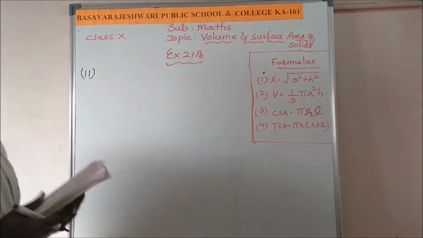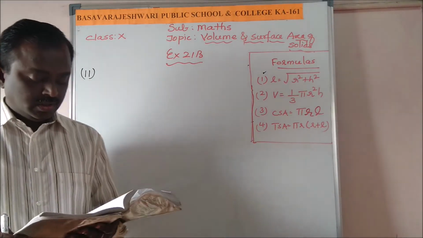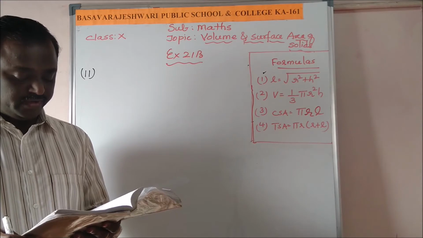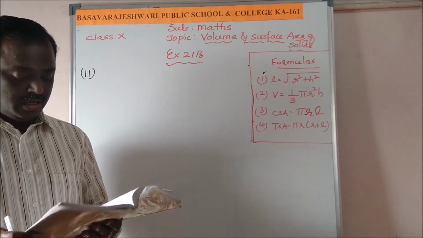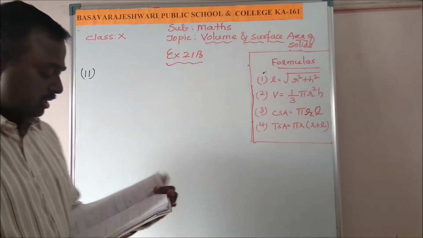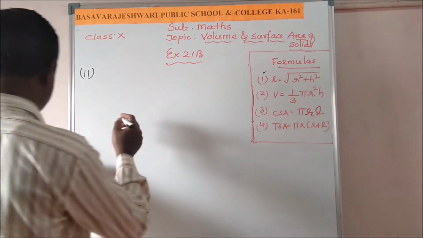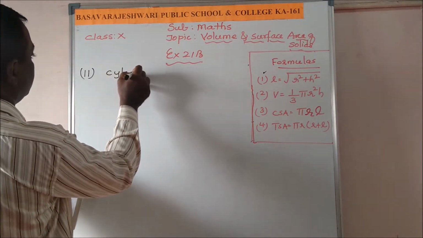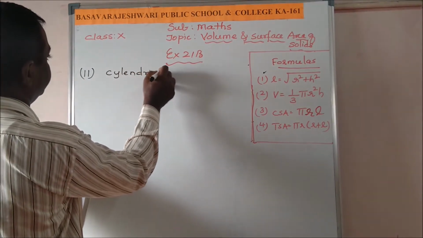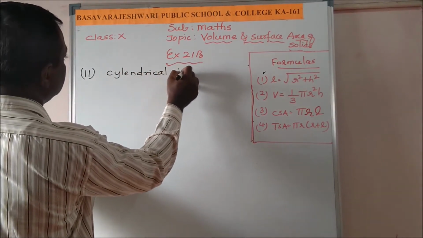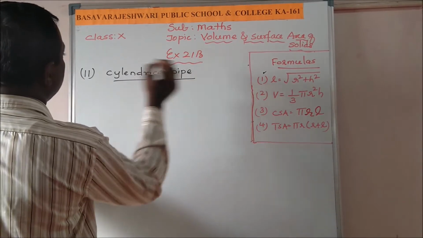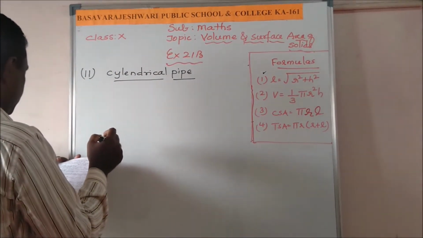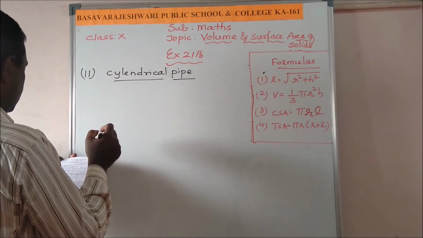Question number 11. I will read it. Water flows at the rate of 10 meters per minute through a cylindrical pipe. First part, I will take the cylindrical pipe. In that, water flows at the rate of 10 meters per minute.